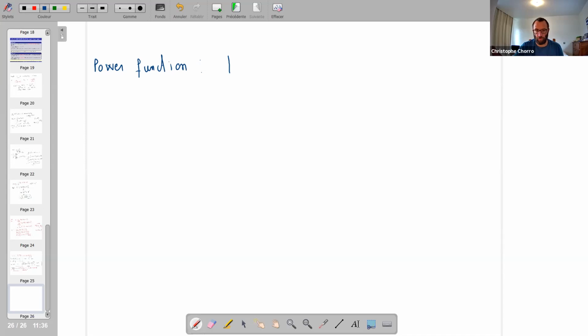It's to compute the probability under mu of my rejection area, that is, xn overline minus mu 0 greater than k, my rejection region being this way.